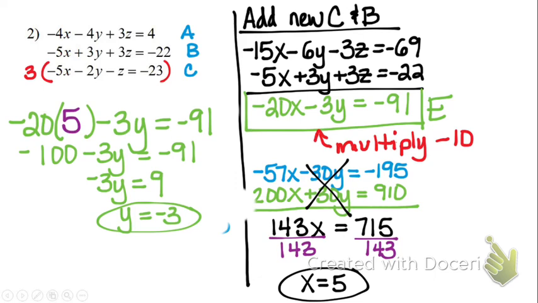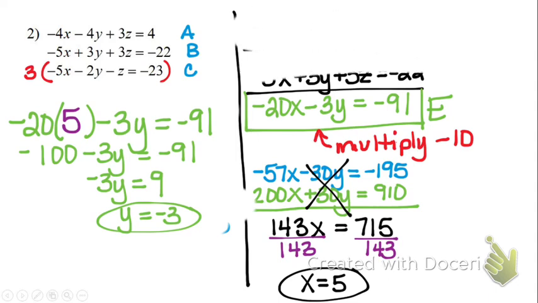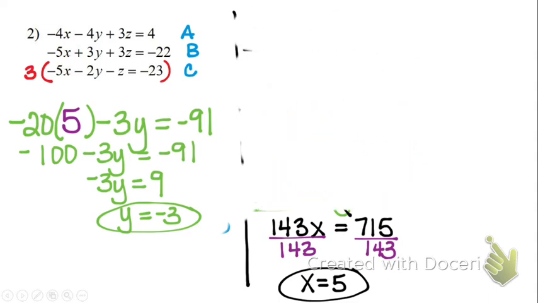Raise your hand if you want to use A. Who wants to use B? Who wants to use C? A it is. So I'm going to use A to find z. So A says negative 4x minus 4y plus 3z equals 4. I'm going to put parentheses for the stuff that I know already.